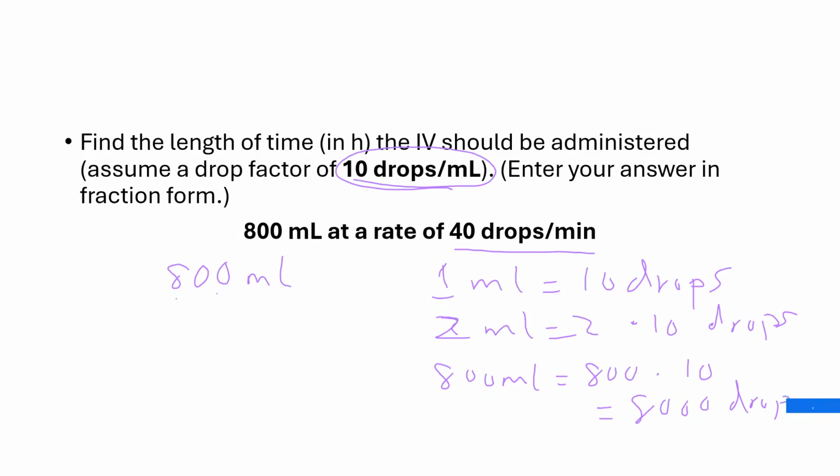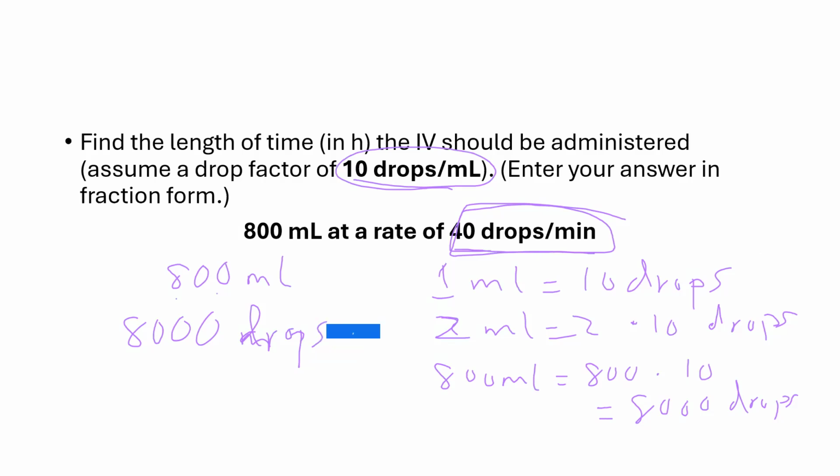Now, when you get the 8,000 drops, we're going to write that down. So we've got 8,000 drops from 800 mLs. The flow rate tells us that you're getting 40 drops for every minute.